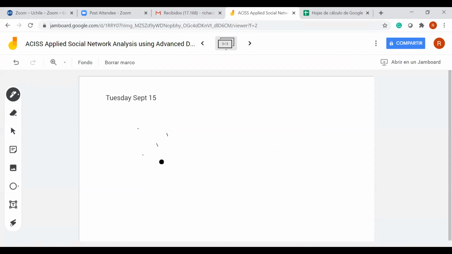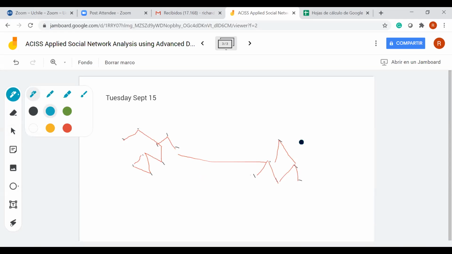So each dot I'm showing now here represents a node. Black color, we have the nodes. With red color, I'm showing the links. And with a different color, I just mention this community.